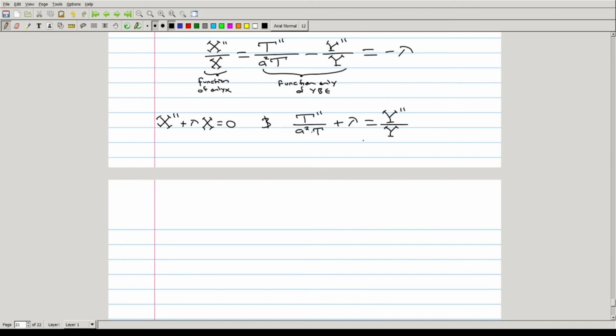Which means that, just like before, this is a function of only t, and this is a function of only y. So the only way these two ratios can be equal to one another is if they're equal to another separation constant, negative mu.